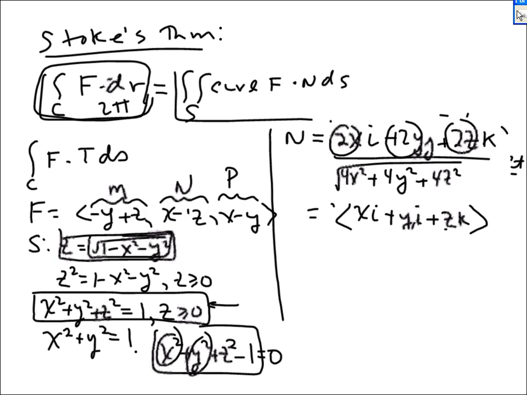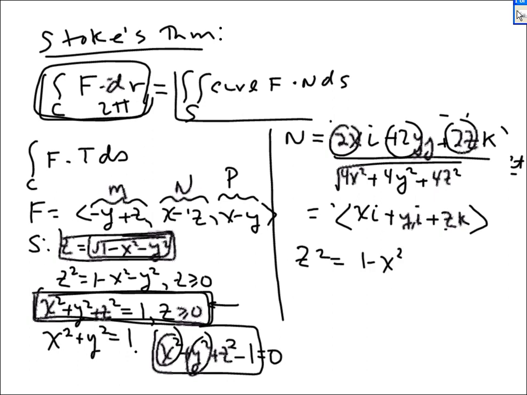So now we need to find z_x and z_y. After just solving our surface for z, z squared is equal to 1 minus x squared minus y squared.